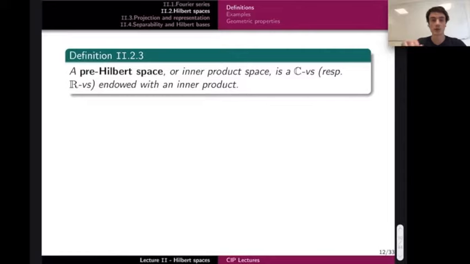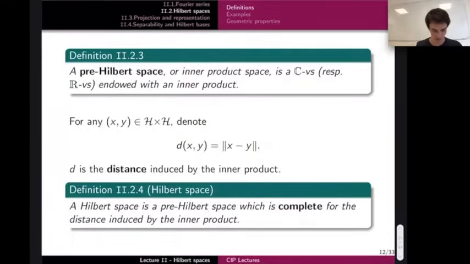So now that we have a vector space and an inner product, and a norm actually, we can define what is called a pre-Hilbert space, which is nothing but a vector space with an inner product.